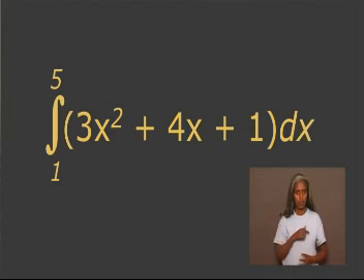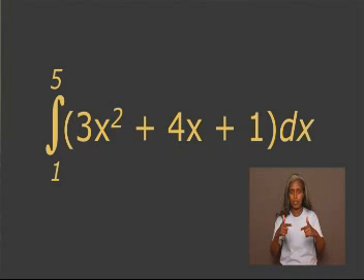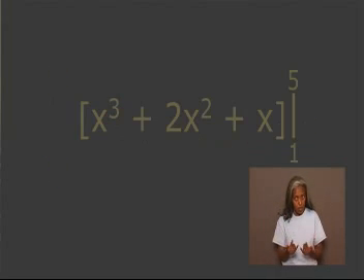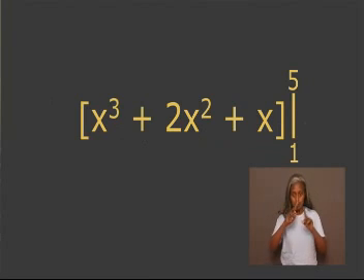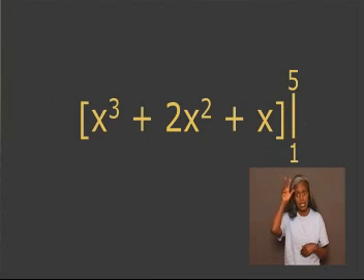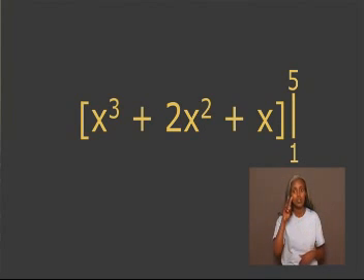We add the upper and lower limits to the outside. We now have square bracket x to the power of 3 plus 2x squared plus x, where x is 1 to 5.